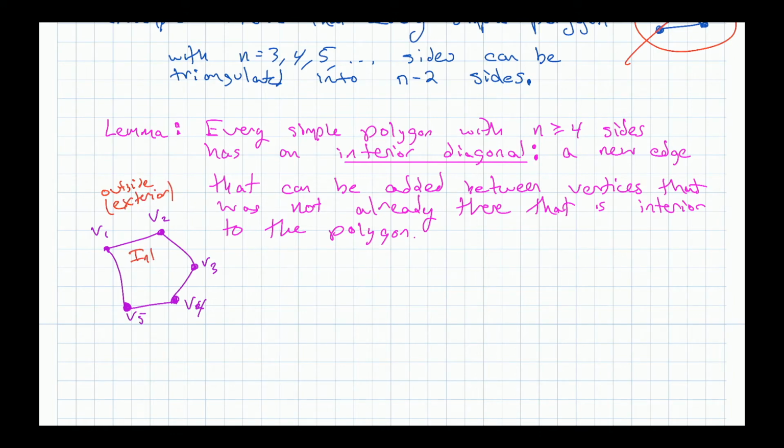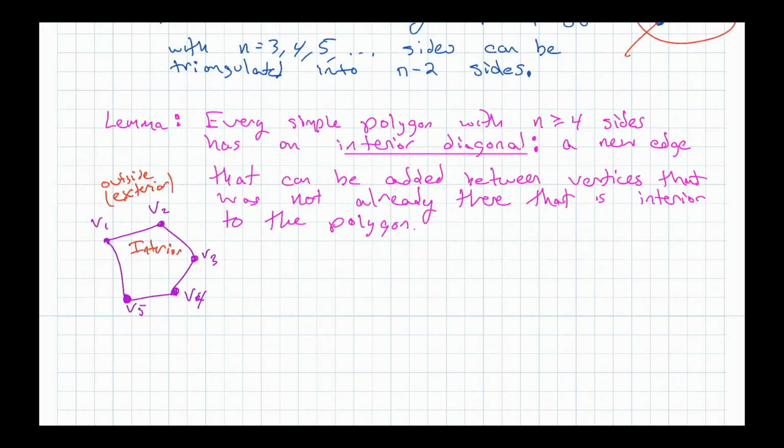And then there's an interior to the polygon as well. So every simple polygon, where we don't allow the sides to cross, has an inside and an outside, and an interior diagonal would be a new edge that can be added between vertices that was not already there. So what would that look like? Well, an interior diagonal would be, for example, if you just take this side and this side, just any two of them, you can add an edge. And there you go. That's an interior diagonal.